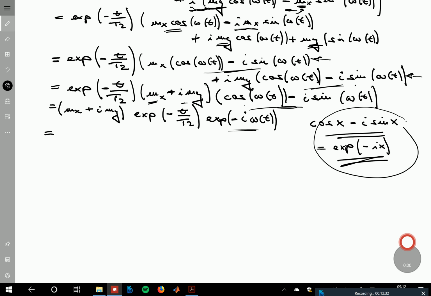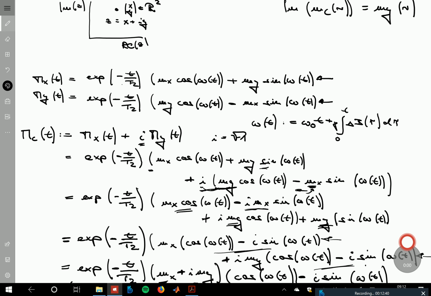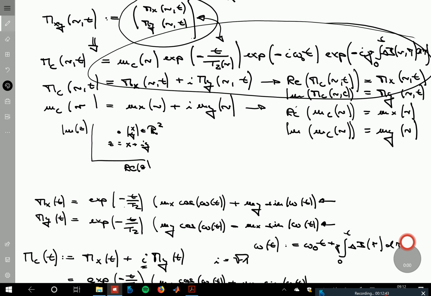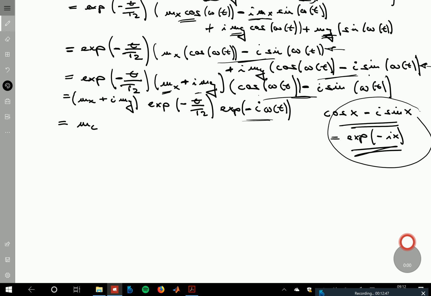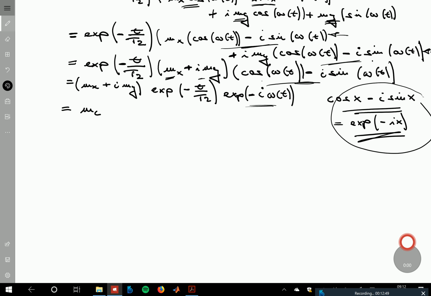Then we already specified that mx plus I my equals mc. This is one of the definitions that we used here. So this is essentially a definition. So mc, if you look at the real part of mc, that's mx, and the imaginary part is my.